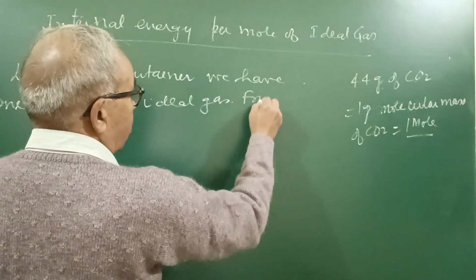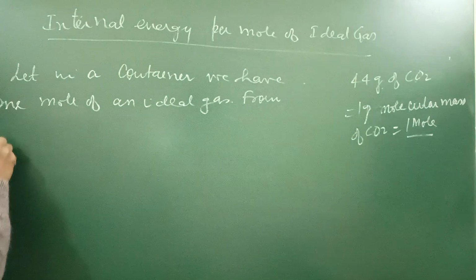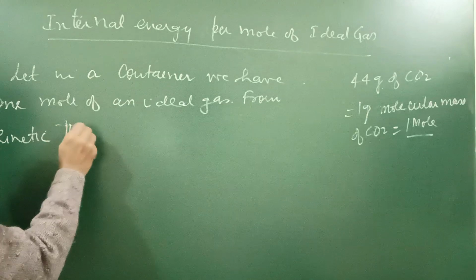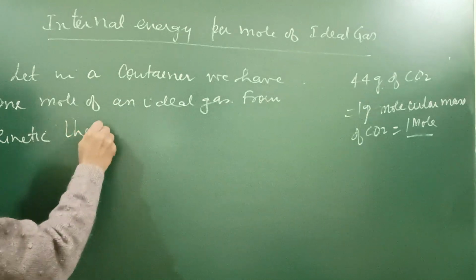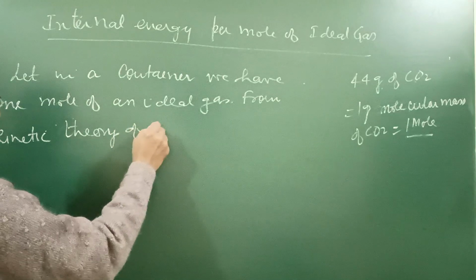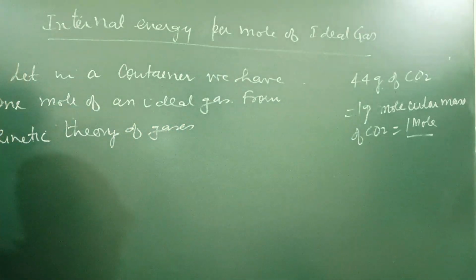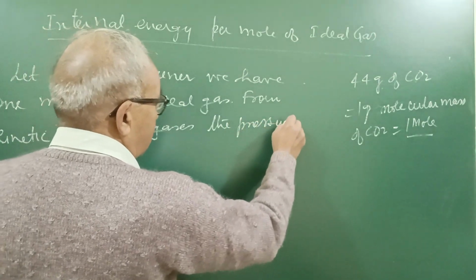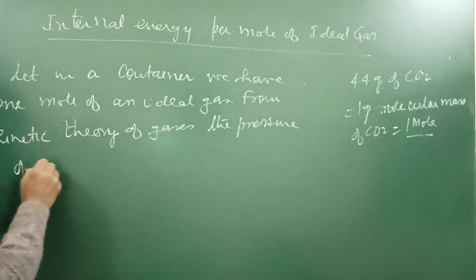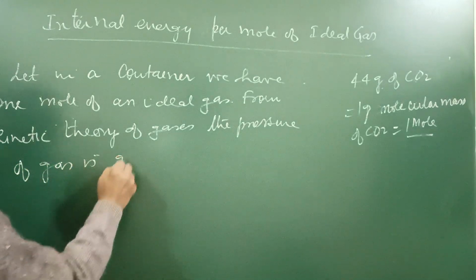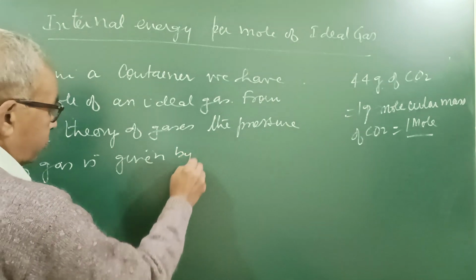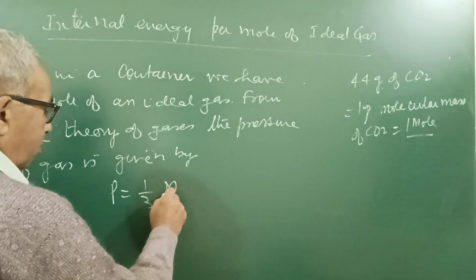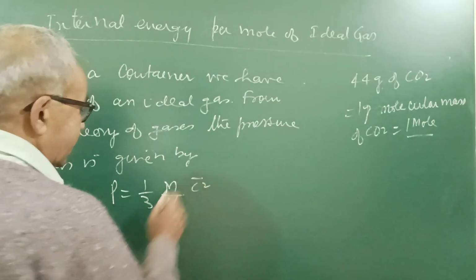From the kinetic theory of gases, the pressure of the gas is given by P equal to 1 upon 3 m upon V into c square bar.